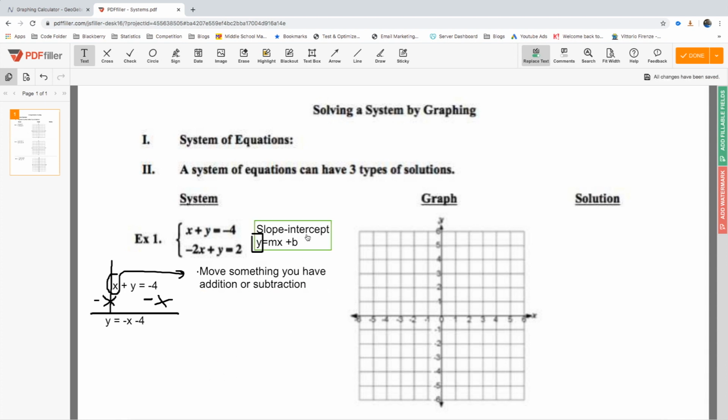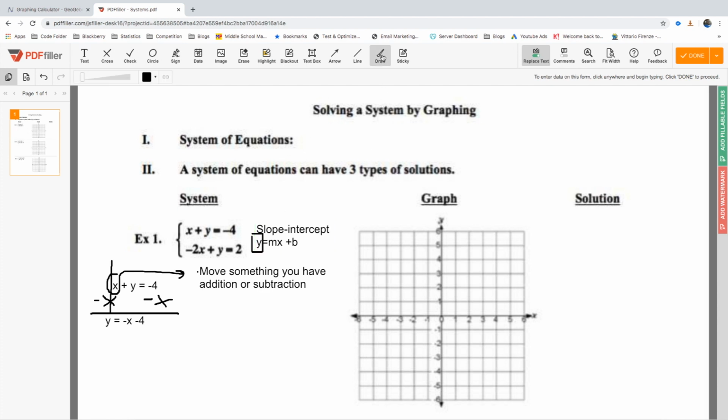Now I have it in slope-intercept form. My y is isolated. I got a -1x or a -x, and then I have a -4. So I have my y-intercept, which is -4, and I have my slope, which is the number in front of the x, which in this case is a -1. I got everything I need to graph this, so I'm going to go ahead and graph this specific equation.